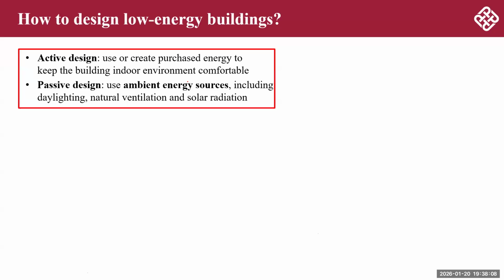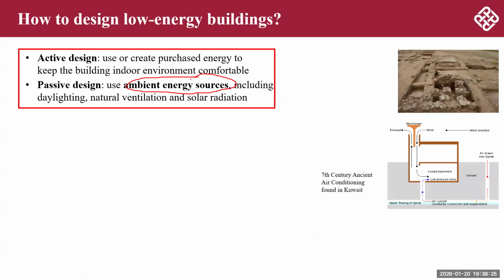Later, we will know more about what ambient energy sources we can use for our buildings, for our building clusters, and for our cities. Passive design in fact has a very long history.